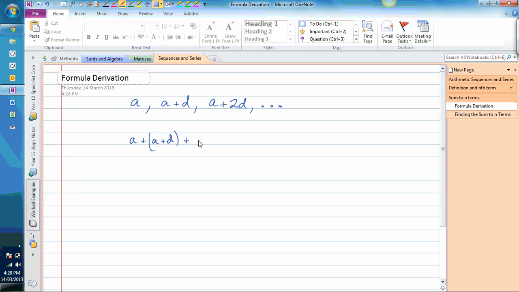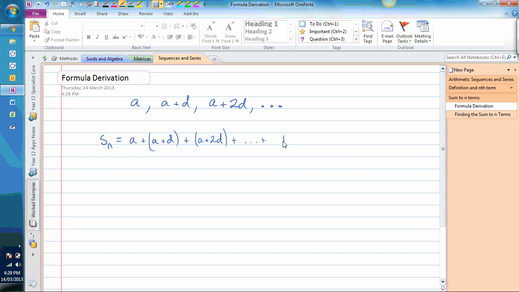What if I want to add those up together up to some number of terms? There is going to be a last one in this case, because this sum can't go on forever, otherwise the answer would be infinite. So I'm looking at the sum to some number of terms, Sn.